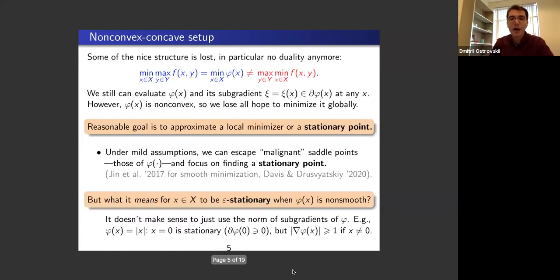Now what happens if we move beyond this framework, beyond the setup of a convex-concave objective function? My general goal is to consider non-convex non-concave problems, but I will start with non-convex concave problems, which by now we pretty much know how to solve.